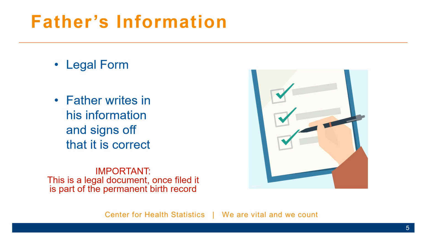However, the father's identity information, like his name, date of birth, and place of birth, all must come from the AOP as written by the biological father. This is a legal document. Once filed, it's part of the permanent birth record. What is entered into OVERS becomes registered, and what is reflected on the birth certificate that's issued from the state.